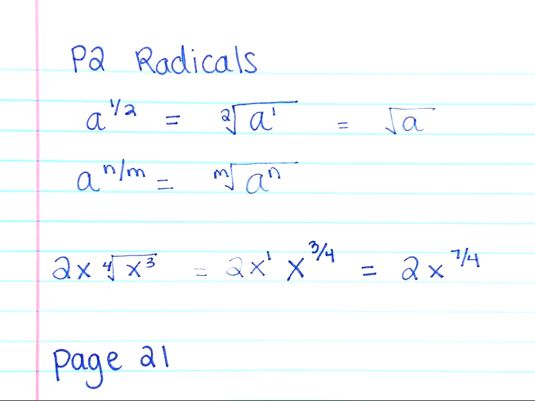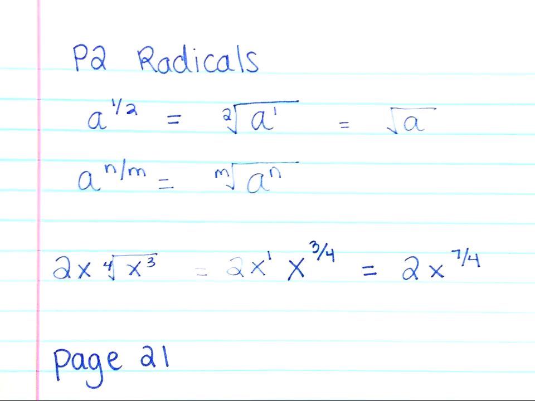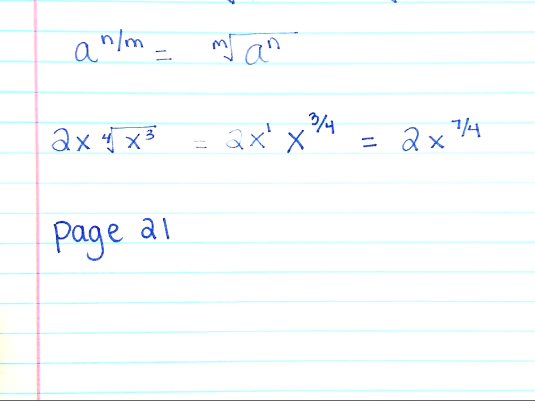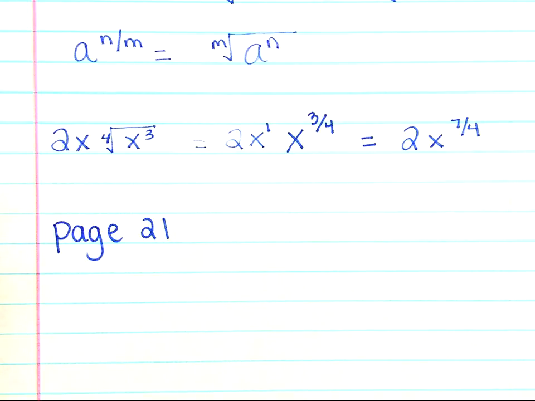Okay, and then if you look, example 16 goes through some of these problems. A deals with just numbers and B deals with some variables, noticing that you can't add or subtract them unless they are the same number underneath the radical and the same number outside the radical.